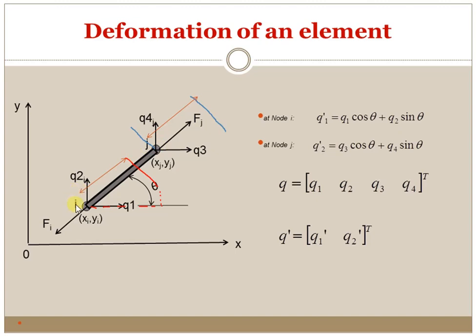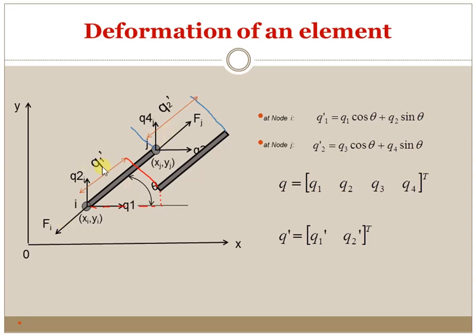So at node number i, if you want to convert the global coordinate system into the local coordinate system, we can write q1 dash. It means if this bar element is deformed or transferred to a new position, you will get q1 dash and q2 dash.